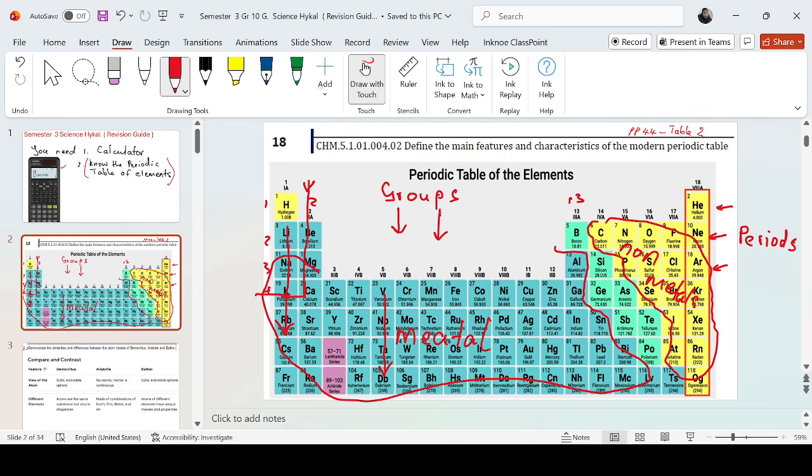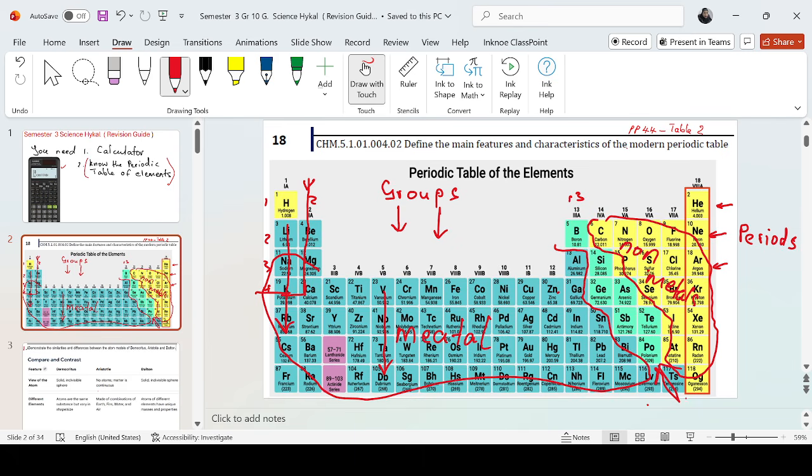Then these elements in between have properties of both metals and non-metals. They are called metalloids.